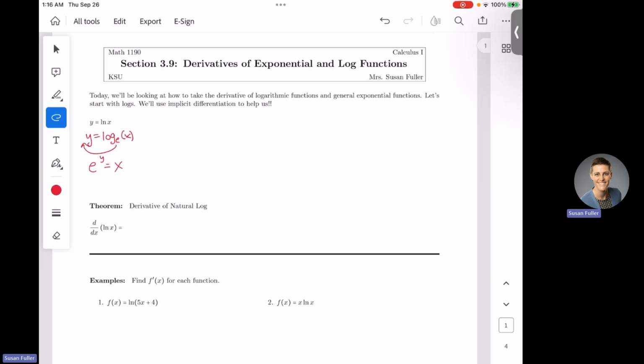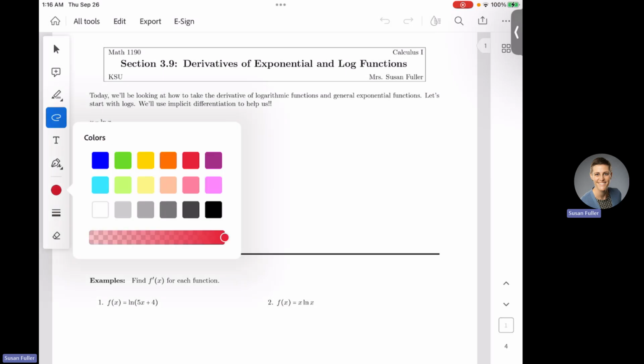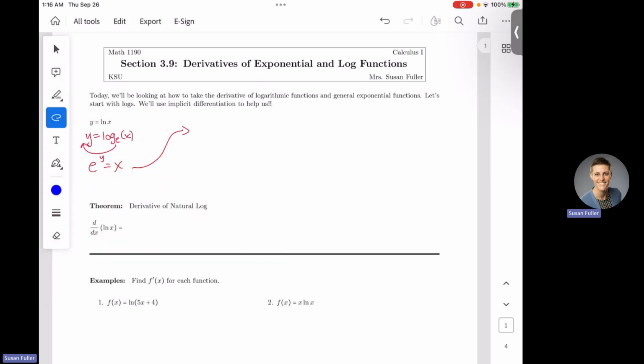Okay, so now that I have it written in this form, those are things that I can take derivatives of. So let's go ahead and take the derivatives using implicit differentiation. So what's the derivative of e to the y? The derivative of e to the y is e to the y. And I took the derivative of something with a y in it. So we're going to multiply by that dy dx from implicit differentiation.